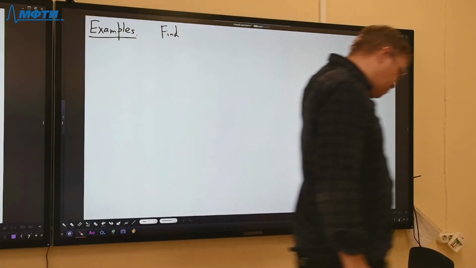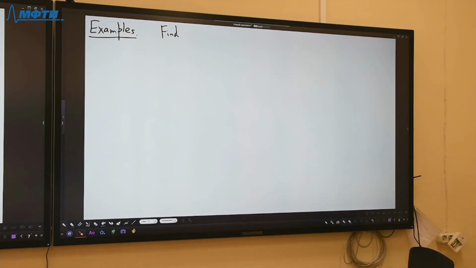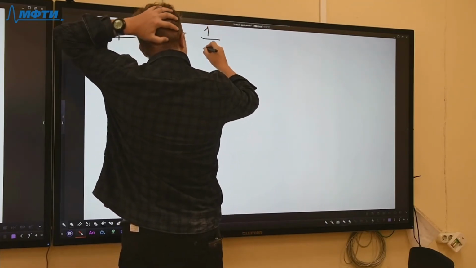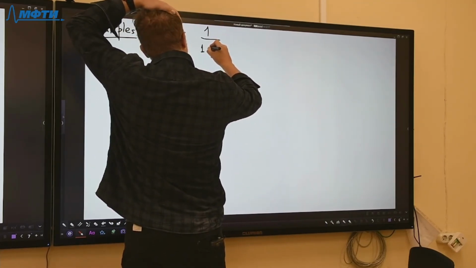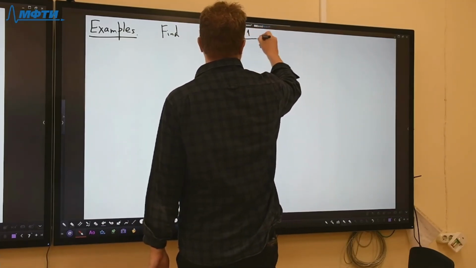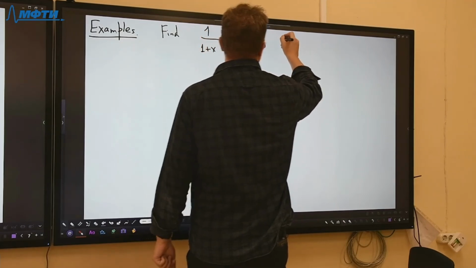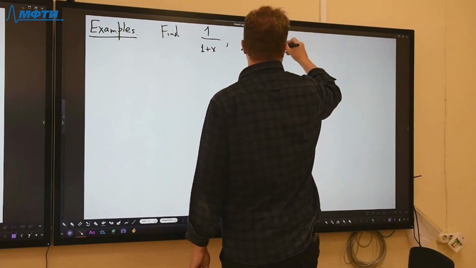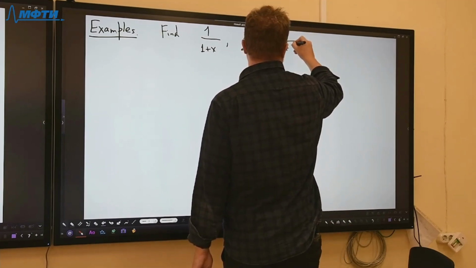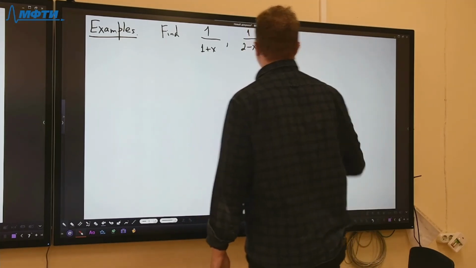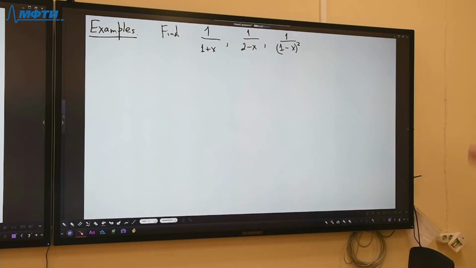We already found the inverse of 1 minus x. Okay, let's discuss this reduction in 10 minutes.